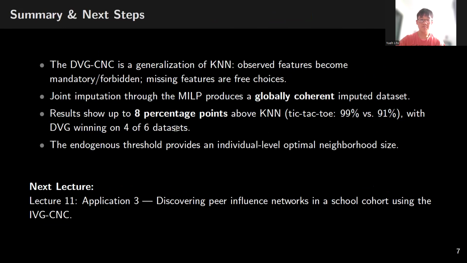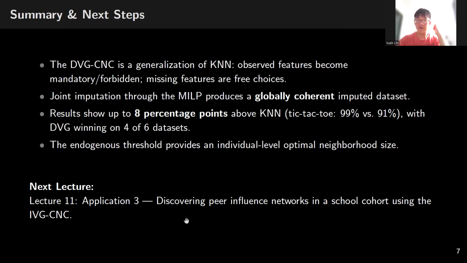So in summary, the voting game model generalizes KNN, where observed features become mandatory or forbidden. Missing features become free choices, and joint imputation through the MILP produces a globally coherent imputed dataset.